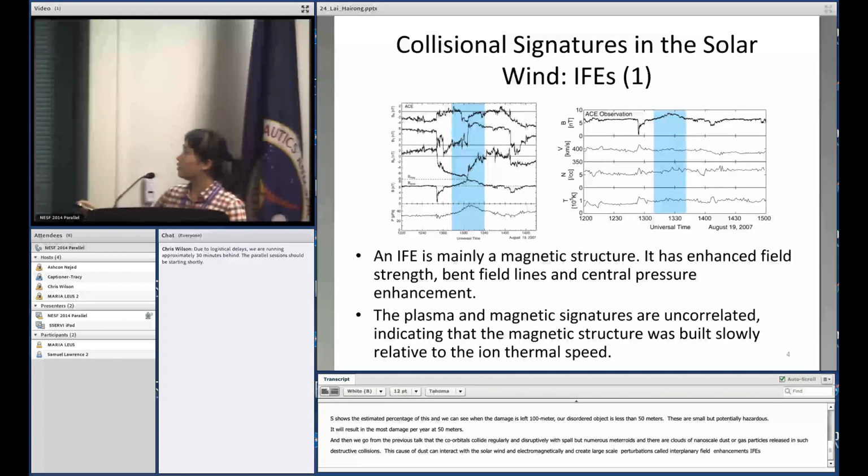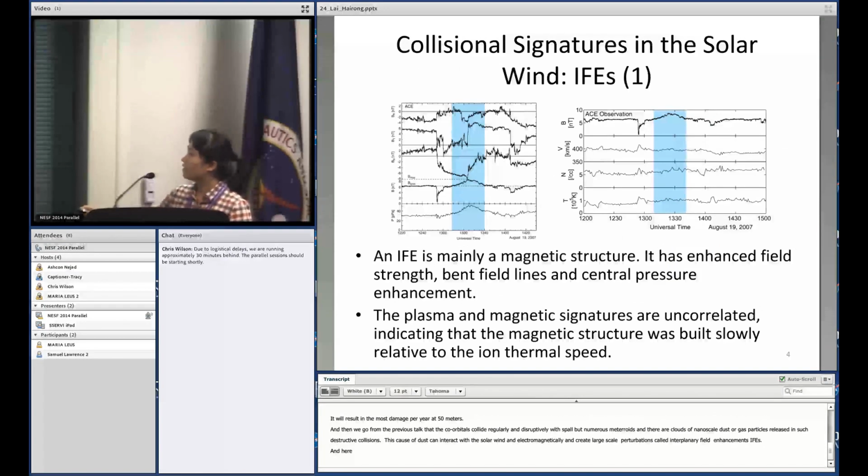Here I show a plot of an IFE example with the magnetic field profile and the plasma profile. The highlighted region is where the IFE is. We find that it is mainly a magnetic structure. It has the enhanced field strength, the bent field lines, and pressure enhancement during this event.